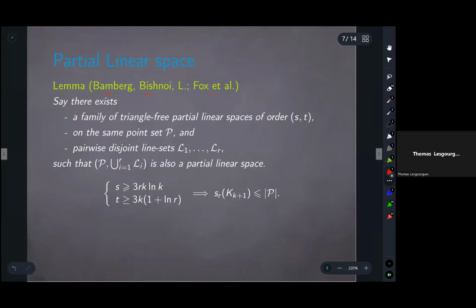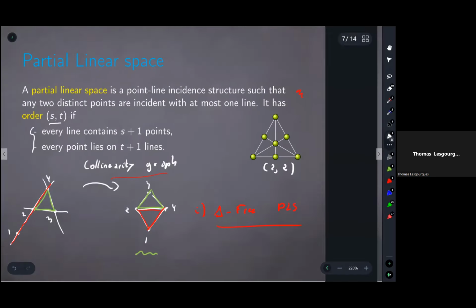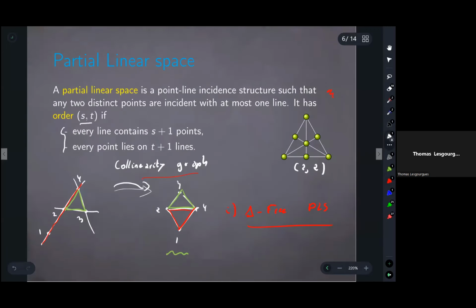And if they have some nice properties, triangle-free being one, what we do actually is, instead of building this graph directly, we take a random, sorry, not a random permutation, a random partition of each line, and we kind of break them, more or less, when we build that graph.